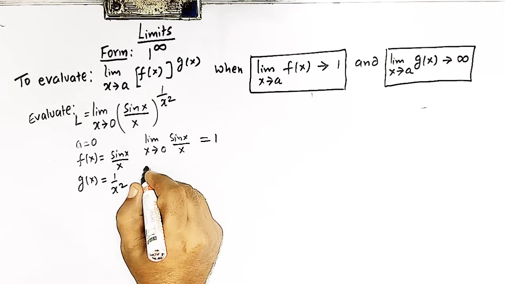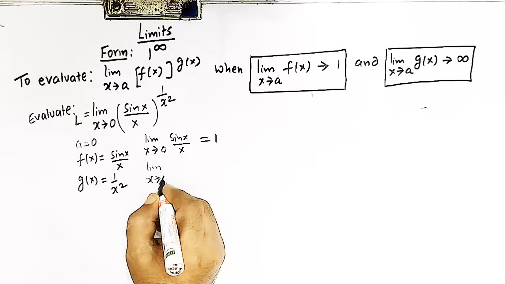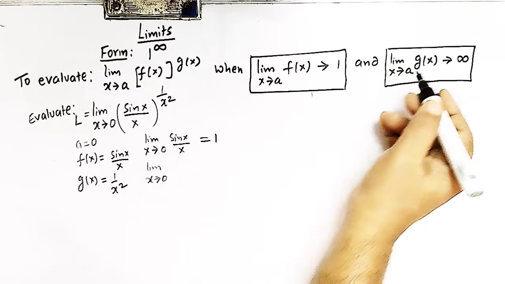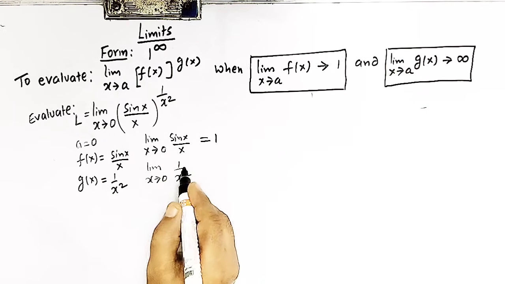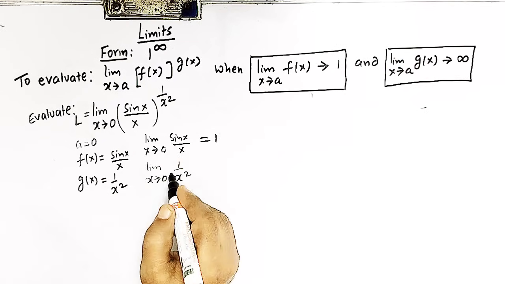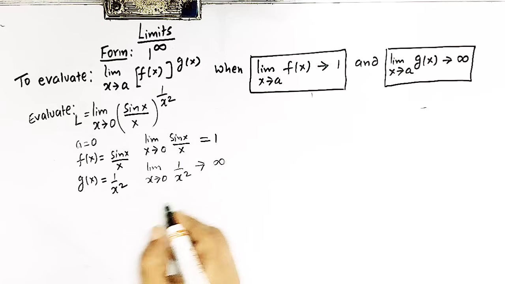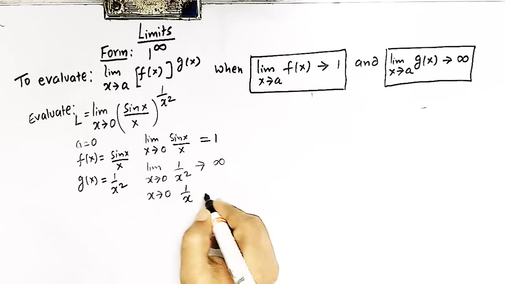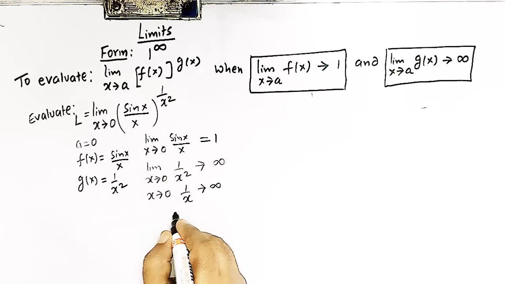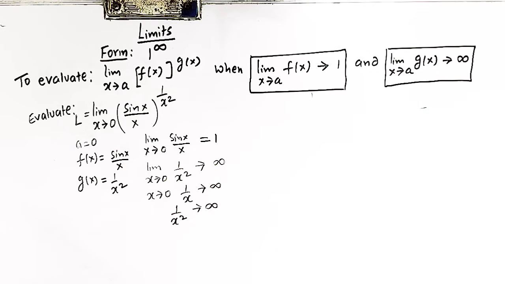And here we have x tends to 0, and g of x is 1 over x square. We can easily see that this limit tends to infinity, because when x tends to 0, 1 over x tends to infinity, and 1 over x square also tends to infinity.